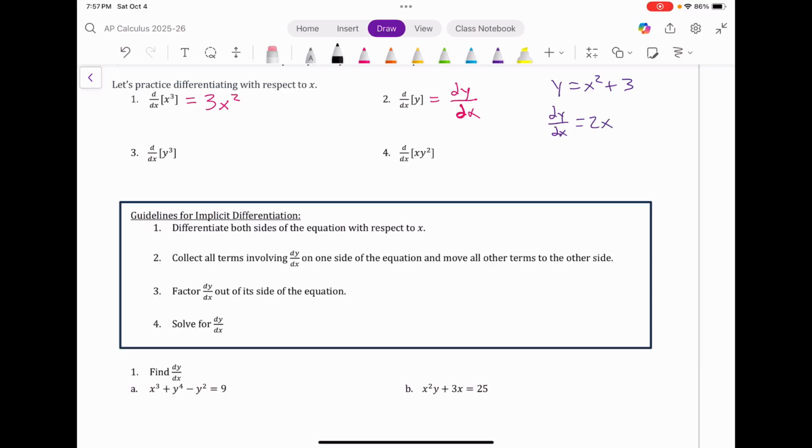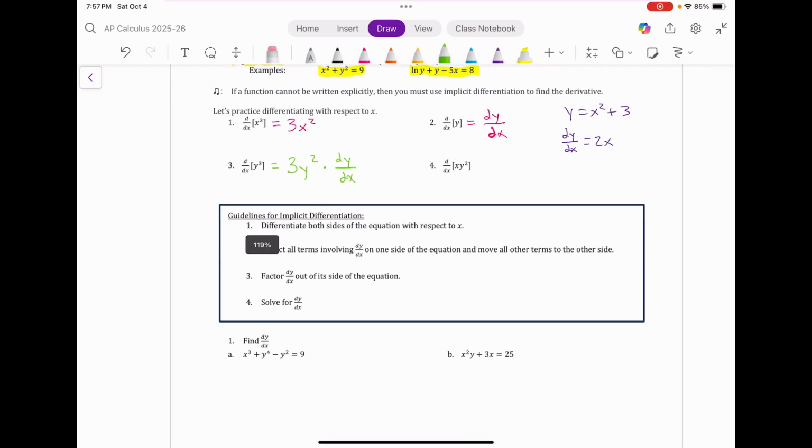Okay, now what's different is, if you have something like this where it's the derivative with respect to x of y cubed, this would be equal to 3y squared by the power rule. And then you have to apply the chain rule because y is a function in terms of x. So the derivative of y cubed is equal to 3y squared times dy dx.